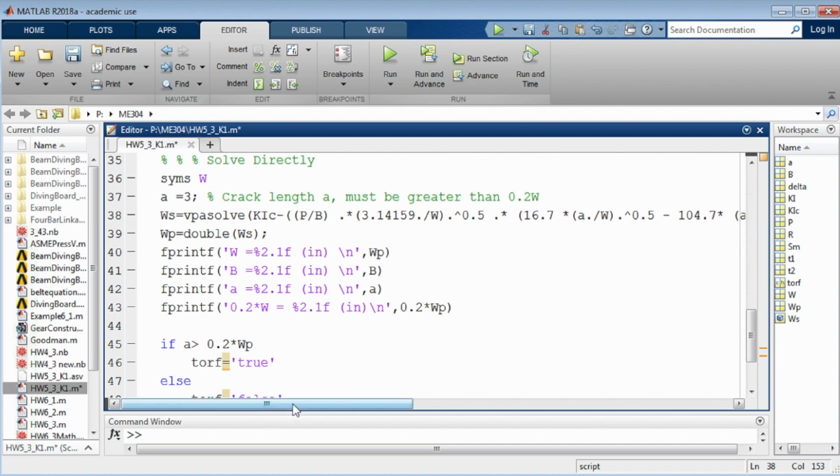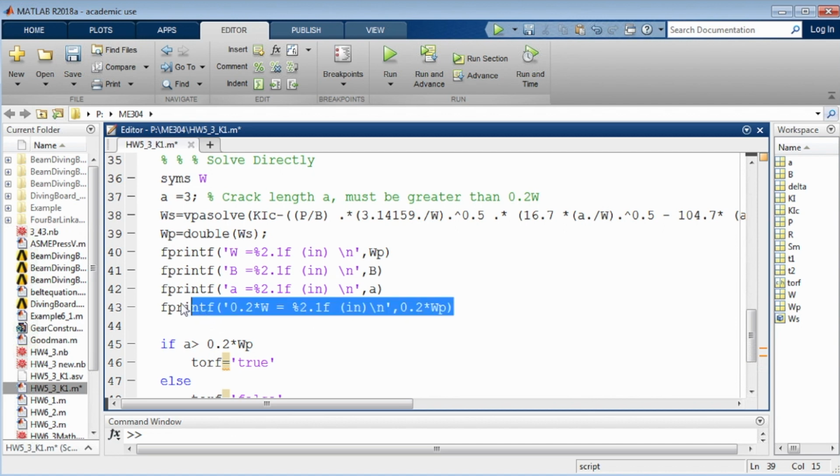Alright, so one of the quirky things about VPA solve is that the output is here, and I assigned it to the variable WS, and WS has the type symbol, so you have to cast that into a double with this command. And I set that equal to WP, so now WP I can use just as any other double variable. And I print out W, B, and A corresponding to the particular solution I found.